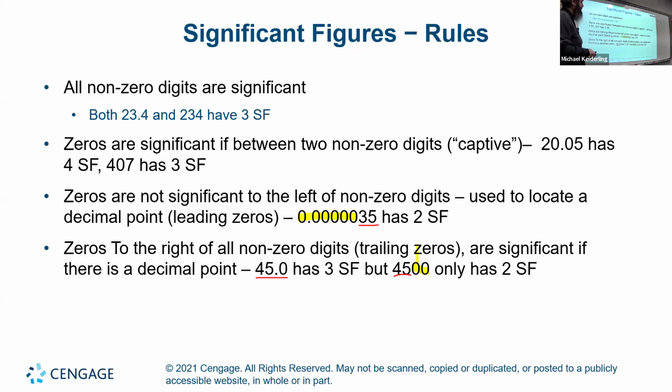So 0.000035 only has 2 significant figures. The leading zeros will never count. Zeros to the right of non-zero digits, trailing zeros, are significant if there is a decimal point. So 45.0 has 3 significant figures, but 4500 only has 2 significant figures, so this does not have a decimal point.